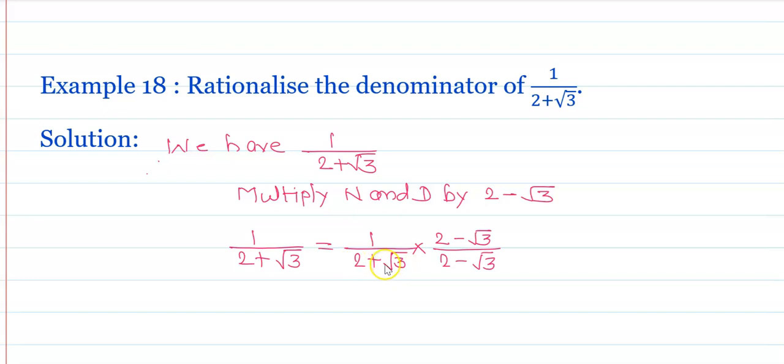Again a plus b, a minus b, and 1 into 2 minus root 3. Here you will get 2 minus root 3, and in the denominator 2 square minus root 3 square.